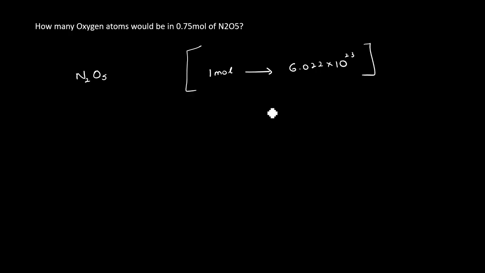So first, what I need to calculate is how many of these molecules are there in 0.75 moles. You can try to work this out based on your concept, right? For 1 mole this amount is there, so for 0.75 moles you just need to multiply it.